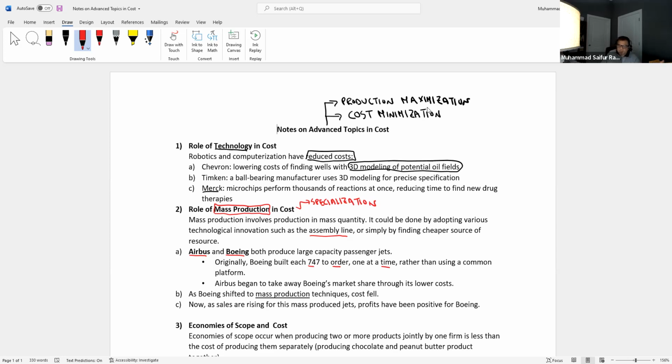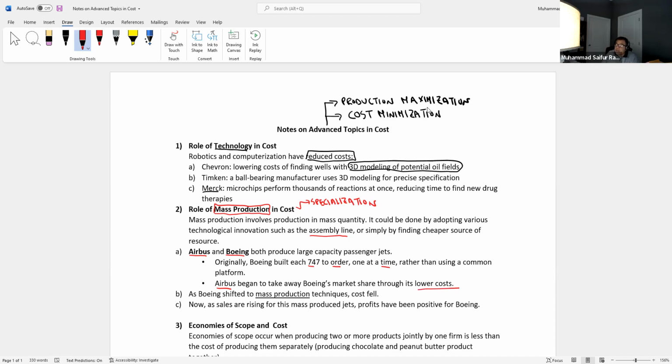So in 1994, Airbus came to the picture, and from the beginning, they were using the mass production technology, where they were using assembly line kind of technology to produce a lot of goods at the same time. So Airbus immediately started experiencing lower cost.